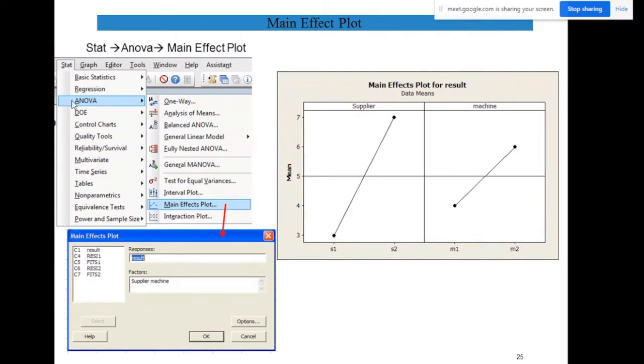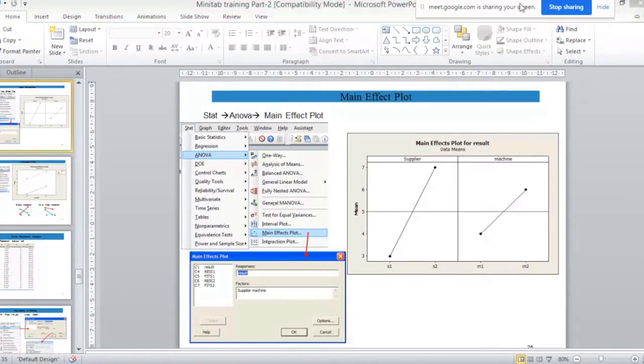So go to Stat, ANOVA and Main Effects Plot. Here we can see there is a difference between the suppliers S1 and S2 and the M1 and M2. So we will discuss the main effect plot and interaction for multiple ANOVA. First we will go for the examples.